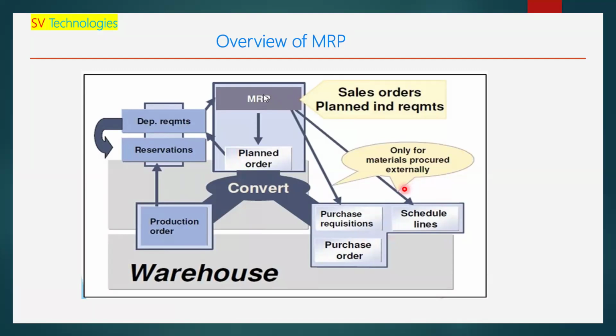From the system perspective, whenever the supplier supplies raw materials to the client as per the schedule agreement, we have to receive those materials in our premises. To receive them, we should have some document as a reference. That is called schedule lines. For such materials, the system will generate schedule lines.